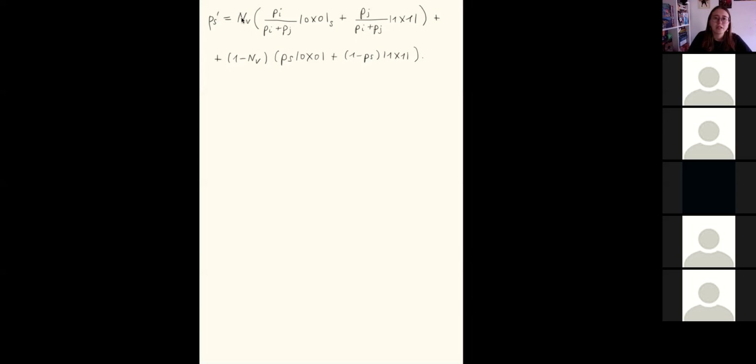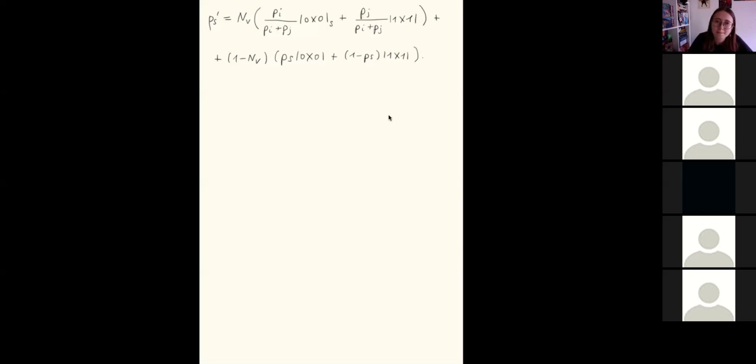And essentially in the case of the real qubit, the second term would just vanish and we will be left with the first term. But here we don't, and hence we don't achieve this perfect swapping.